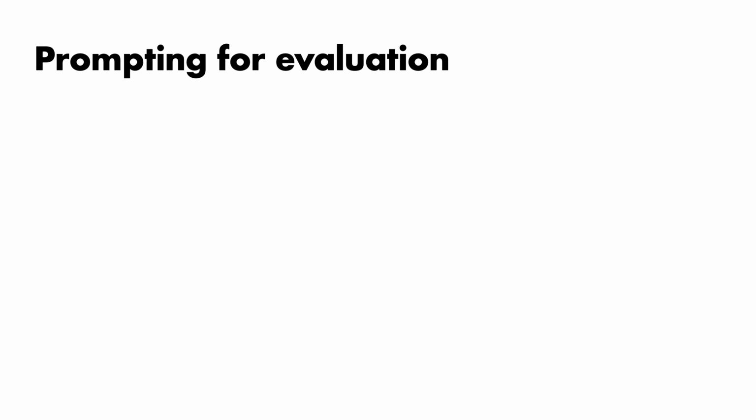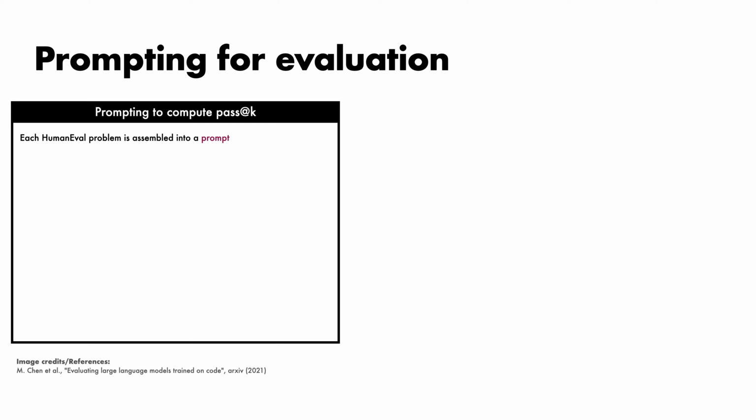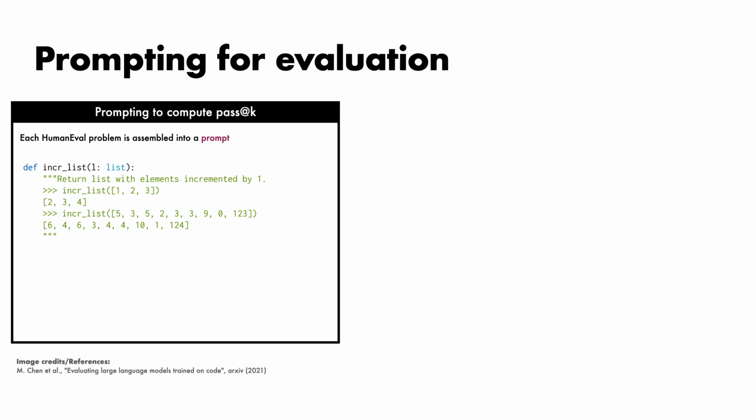In order to evaluate the pass@k performance of Codex, each HumanEval problem is assembled into a prompt such as this one. Codex then generates a snippet of code to complete the function, as shown here in yellow.